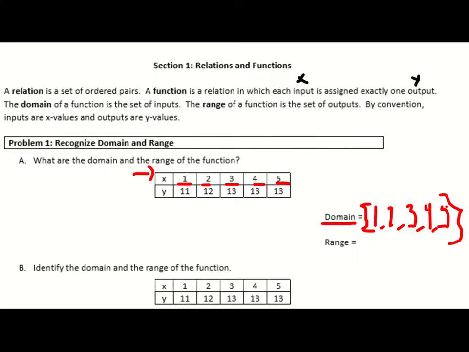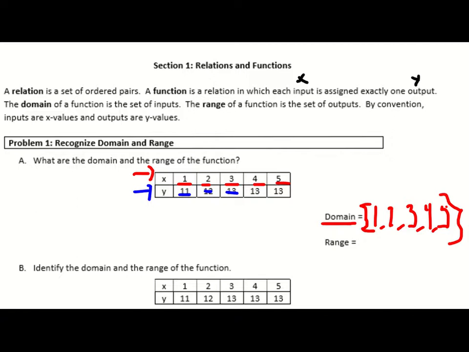Now, in addition to identifying domain, you also have to identify the range of the function. And range is always your outputs, which would be your y values. So we're going to list all the y values that we see in this row. But if a number repeats, we are not going to list it more than once.